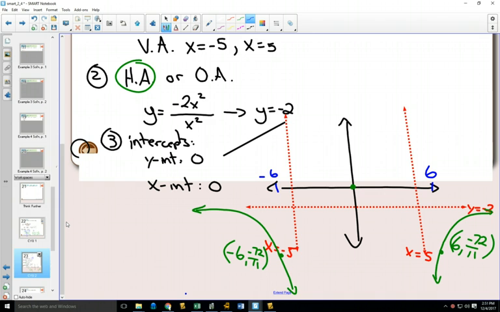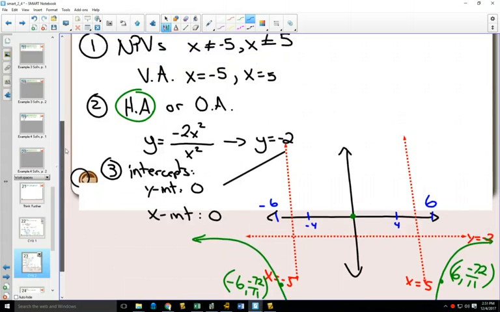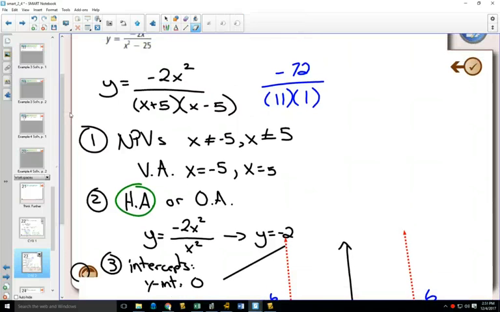What I need to find out from this point is, is our graph going to go up towards this asymptote or down towards this asymptote? So if we look at some points inside here, maybe I'll take 4 and negative 4 and check those values when you plug them in. On the top, if I plug in 4, I'll get negative 32. And on the bottom, if I plug in 4, this will be 9 and this will be negative 1.